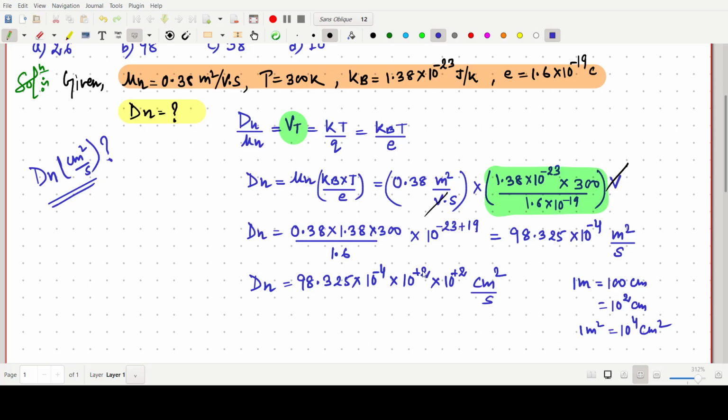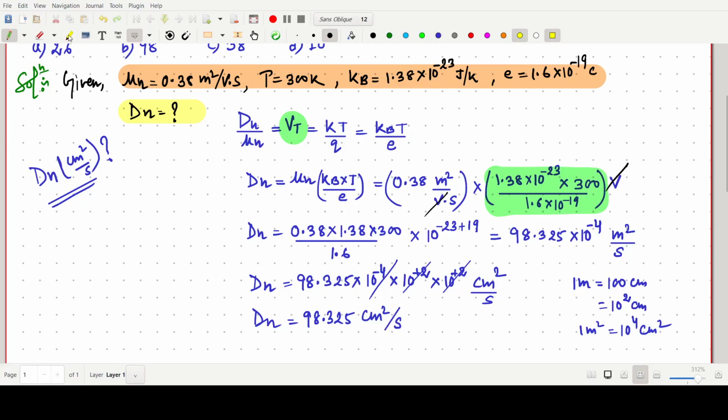So this cancels out, and the Dn value will be nearly 98.325 centimeter square per second.